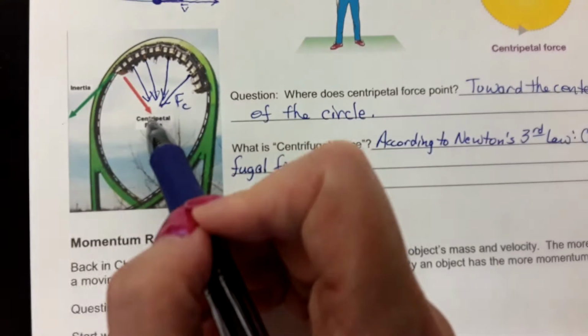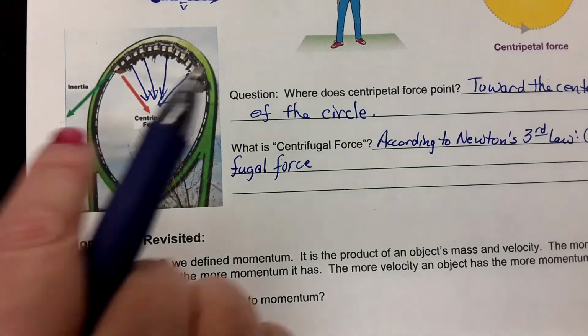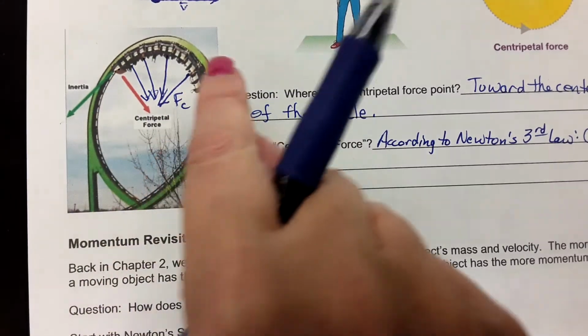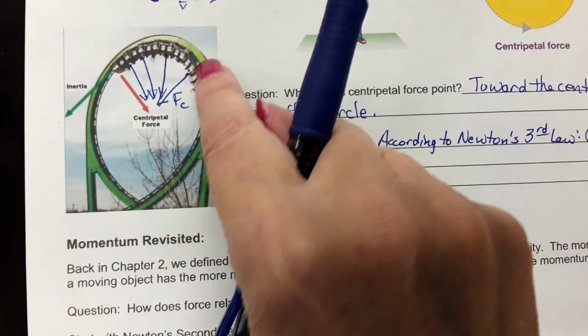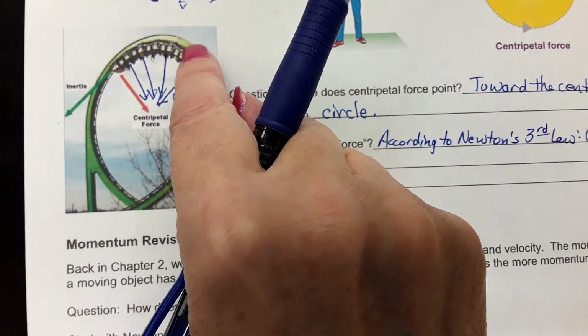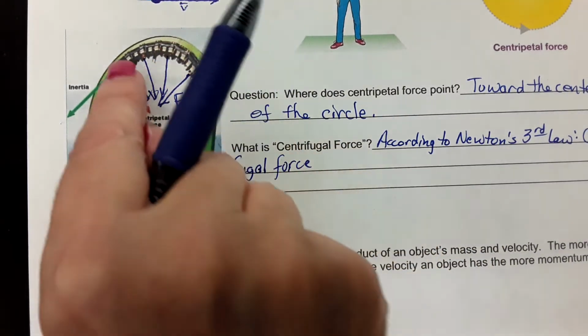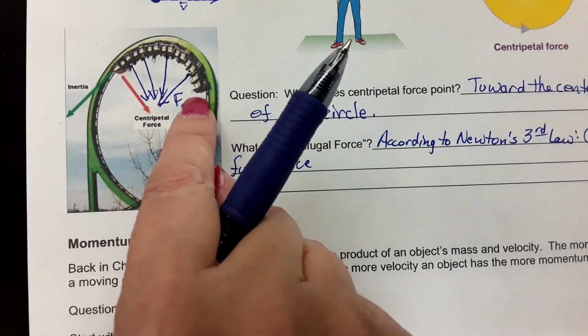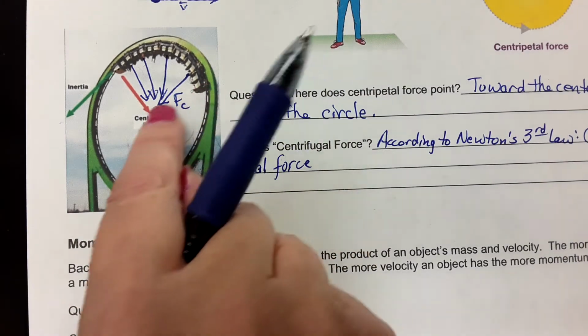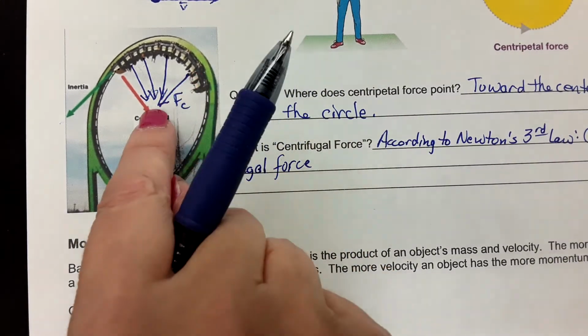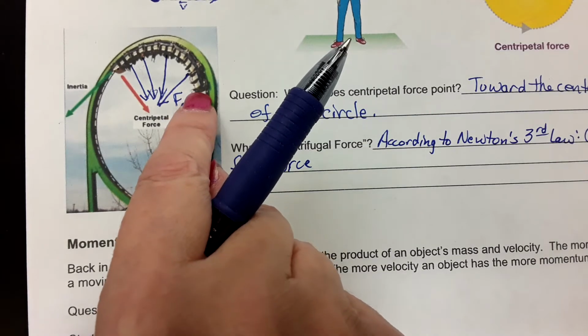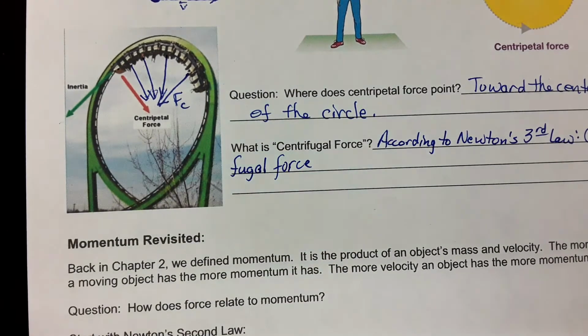So the centripetal force keeps it doing that. For the cars, the centripetal force is provided by the surface of the track itself, pushing down like this. For you inside the car, it's the seat under your butt, in this case, above your butt because you're upside down. That keeps you moving in a circle.